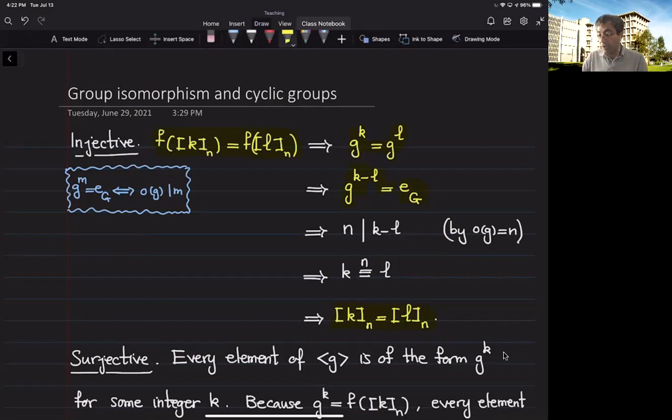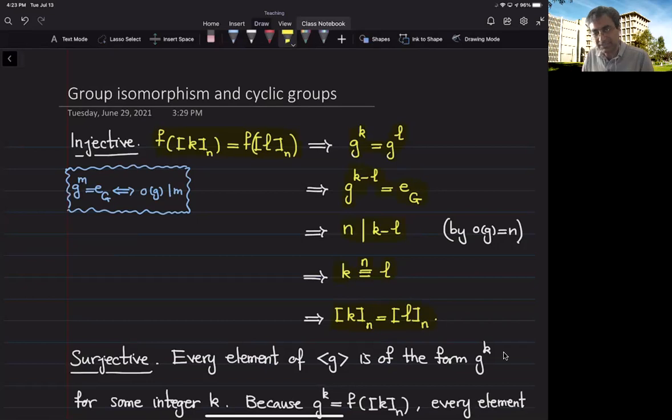Now, if I apply this over here, knowing that g raised to the power k minus l is the neutral element, I can deduce that the order of g, which is n, divides k minus l. Now, that means k is congruent to l modulo n. And that implies that the residue class of k modulo n is the same as the residue class of l modulo n.